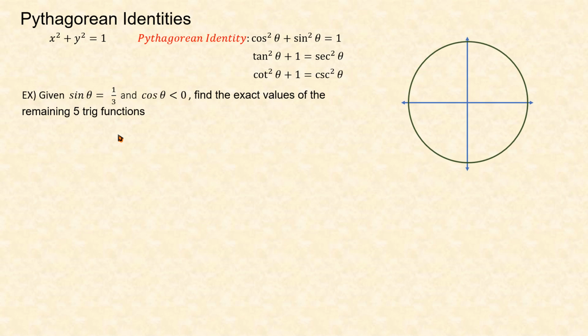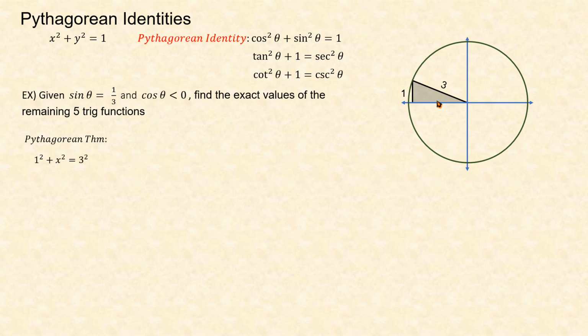Since sine is 1/3, sine is positive, which means I can have positive 1 over hypotenuse 3, like that. Let's see. So I'm going to use the Pythagorean theorem to find the value there.